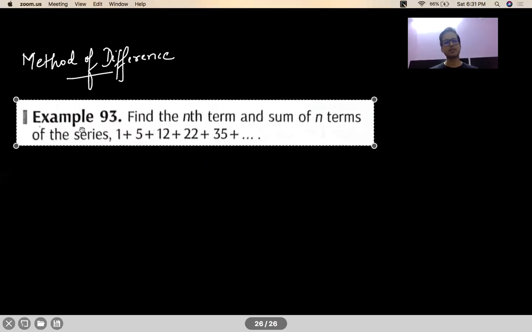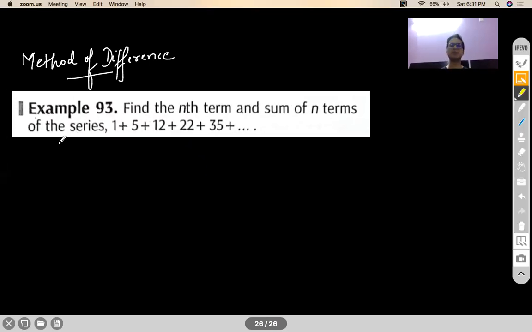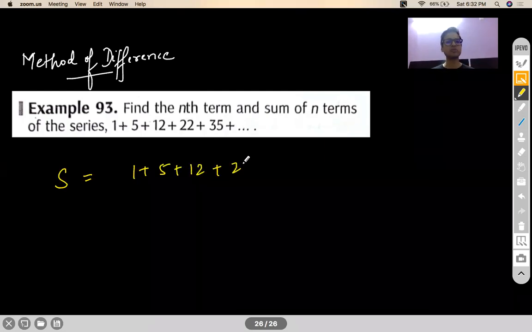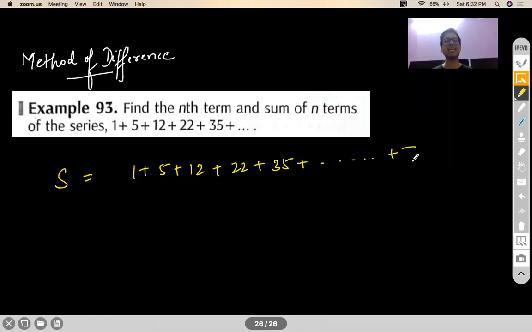Question is, we have to find the sum of this series. But the problem is we do not know the nth term. Okay, we do not know the nth term in this case. So how will I solve this question? So here, let me explain this as an example to you. So for sigma method of summation, our first and foremost requirement is what is the rth term, or for that matter, what is the nth term.